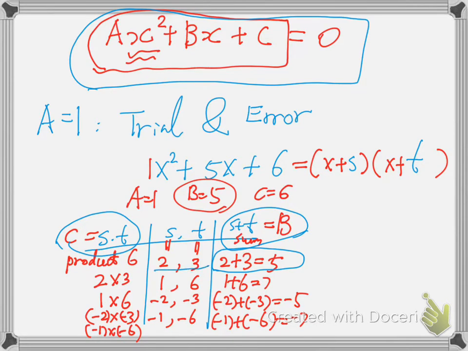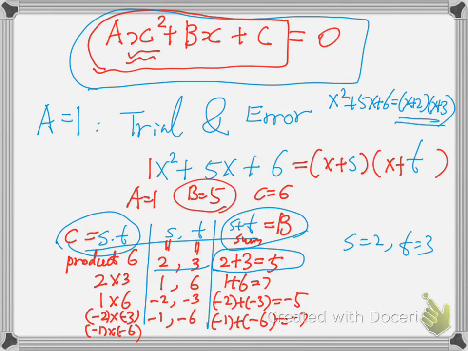So this is our solution. s is 2, t is 3. Okay, so let me rewrite the whole thing. x squared plus 5x plus 6 is x plus 2 times x plus 3. Okay, so we factored this given quadratic polynomial by using product and sum condition.